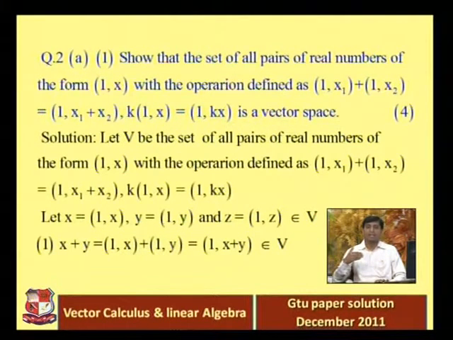The fifth condition in addition is inverse. The inverse of that element should exist, and that is also in the set. That means for any u belonging to V, minus u belongs to V, such that u plus minus u is equal to theta. So these 5 conditions are for addition.